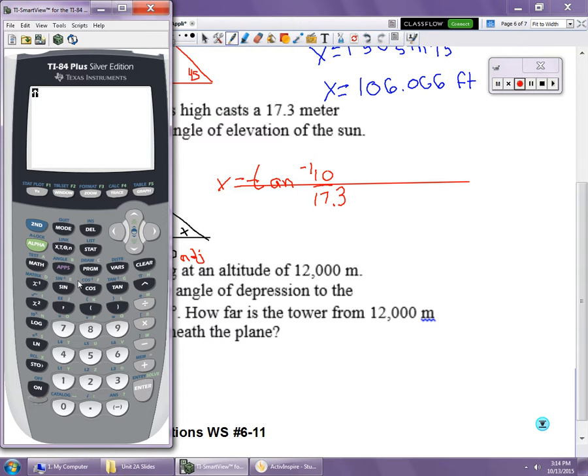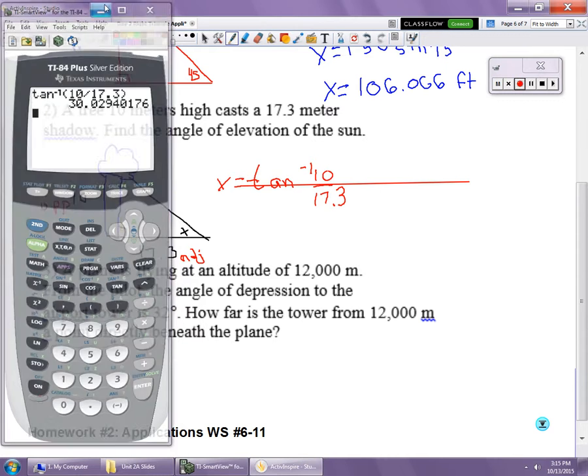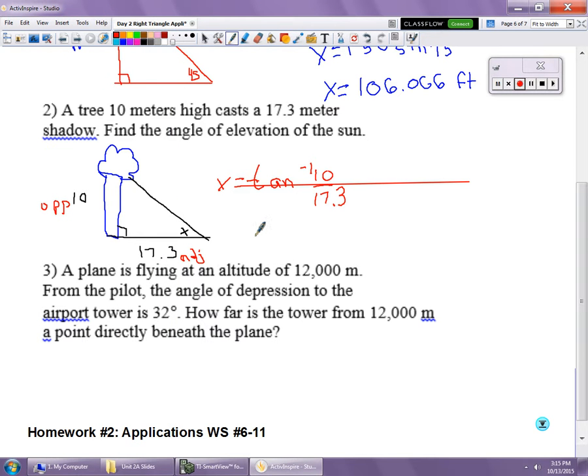Try second tan, 10 divided by 17.3. And it tells you it's 30.029 degrees. That is the angle of elevation of the sun.